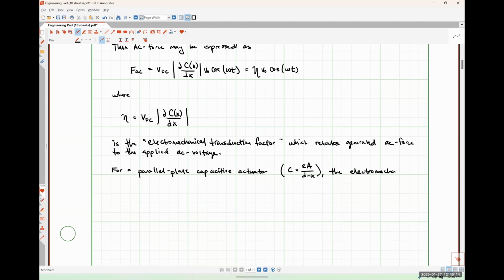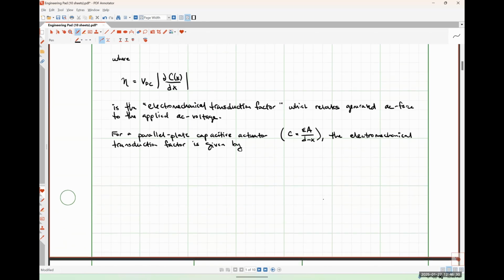the electromechanical transduction factor is given by the following expression. This is going to be eta sub P, where the P is just for parallel plate.